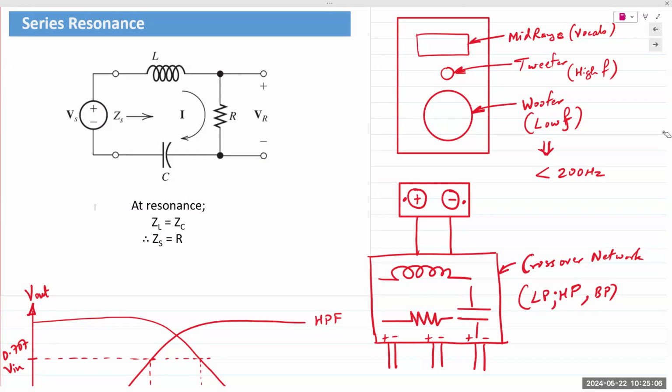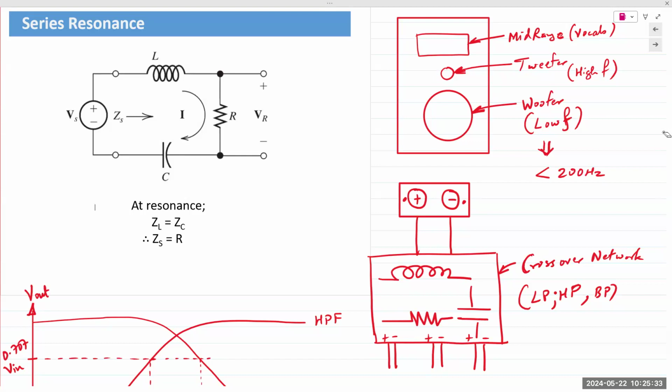They're exactly the same in magnitude, but opposite in phase. Impedance of an inductor is plus 90 degrees with respect to its current. Impedance of a capacitor is minus 90 degrees with respect to its current. If they share the exact same current, then they are exactly opposite by 180 degrees. That happens at one single frequency.